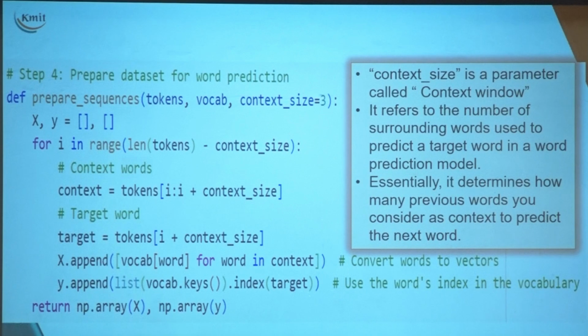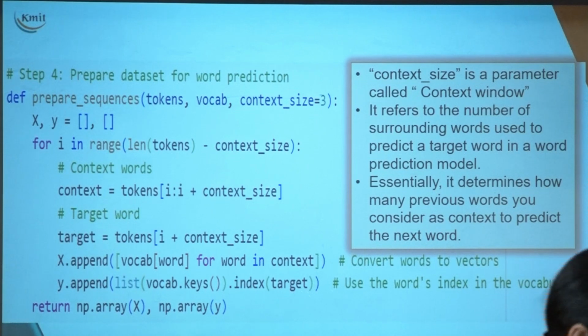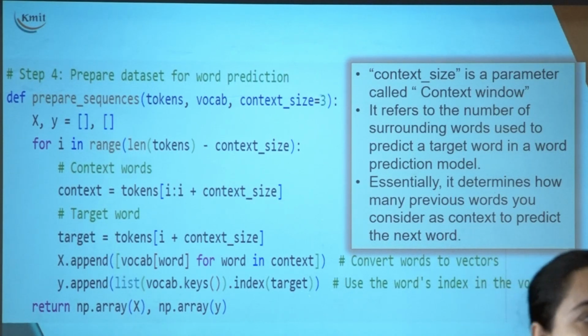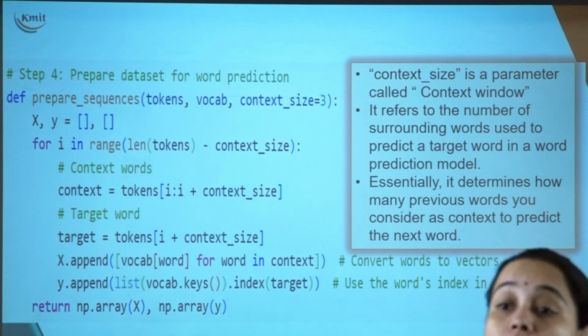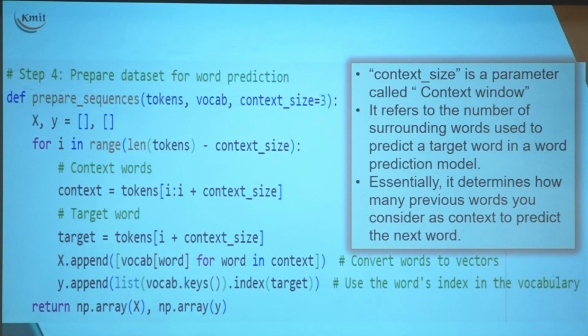It refers to the number of surrounding words used to predict the target word. Now terminologies are important: context words and target words. The example was the movie was fantastic. So at least I should give input as the movie was. The context words are the movie was, minimum 3. So the model will predict the next word.